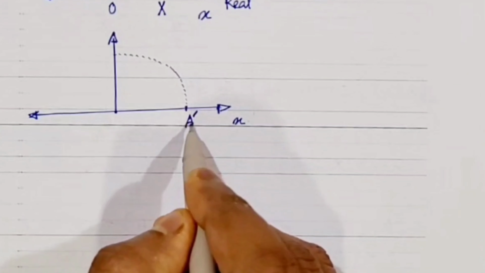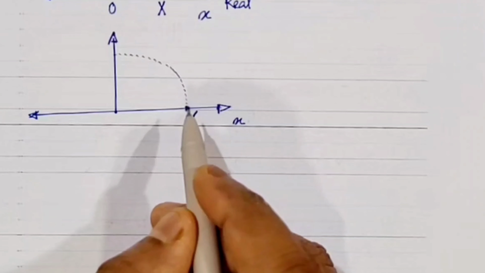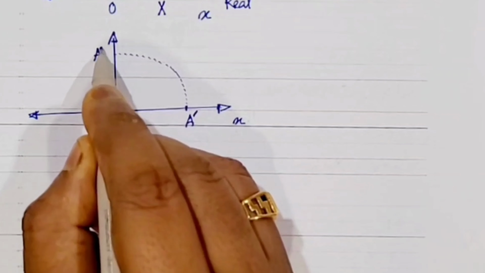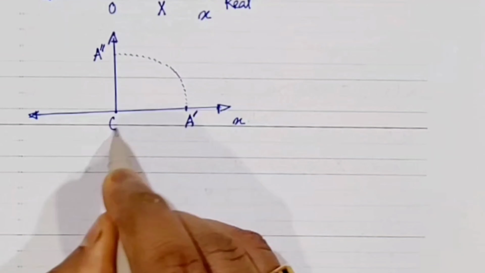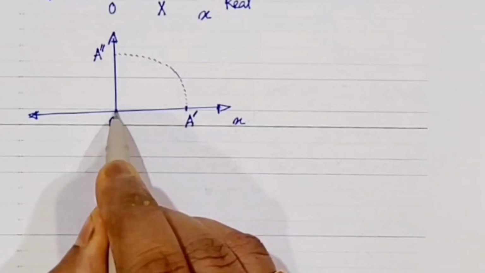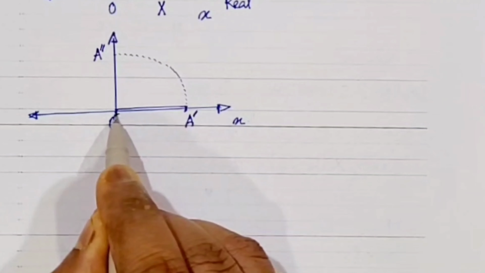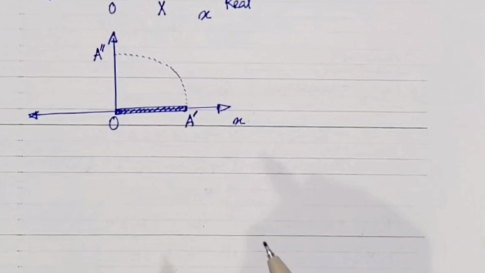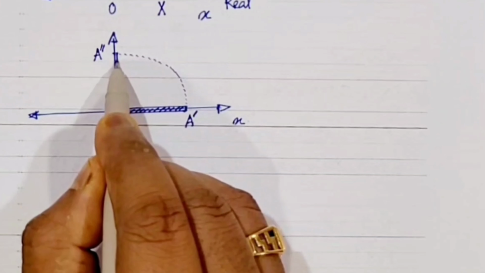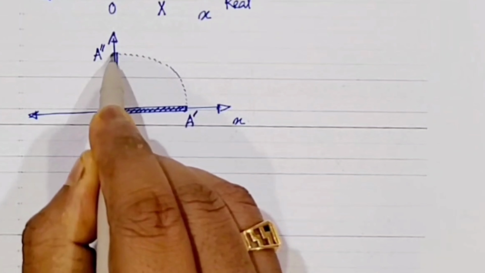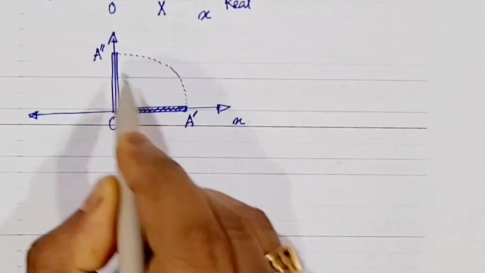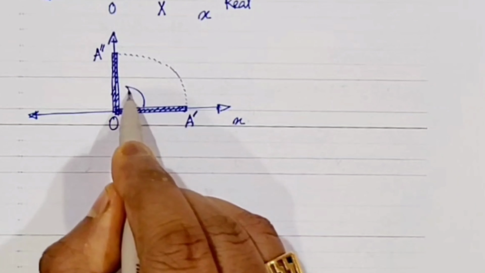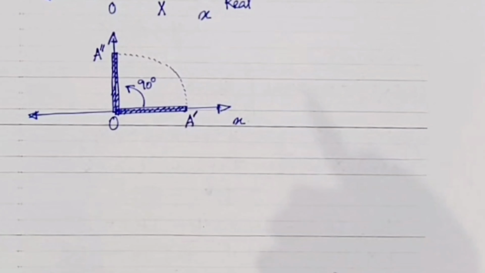So if the point A prime undergoes a rotation of 90 degrees and reaches here, and you mark that as A double prime, then practically OA prime, I'm just marking it with a shaded diagram, which kind of represents a tangible object, maybe a scale or a stick or a pencil or a pen, just underwent a rotation of 90 degrees.